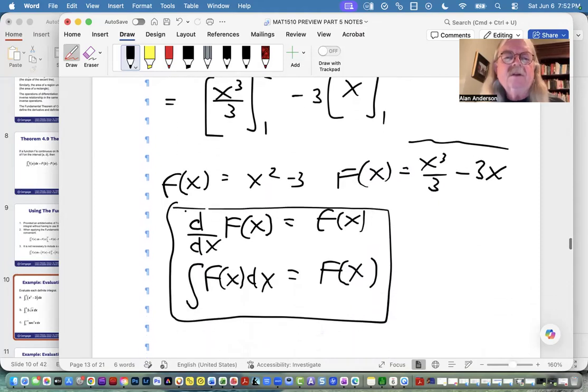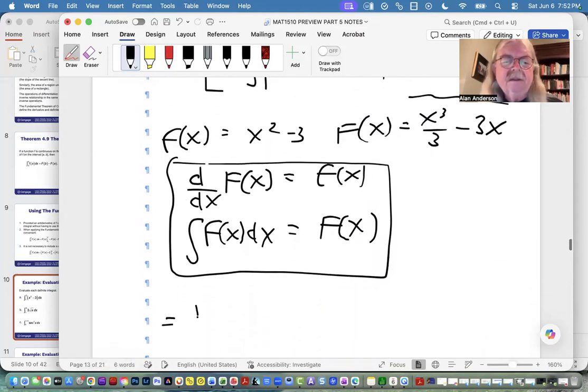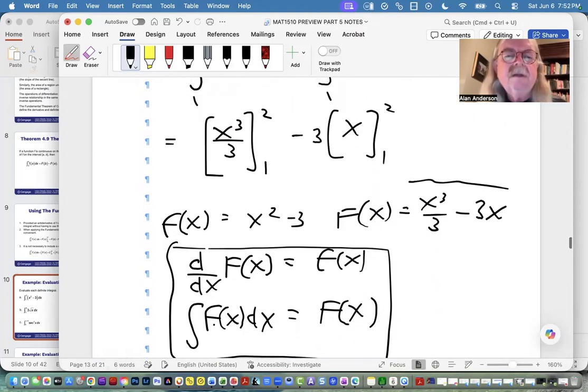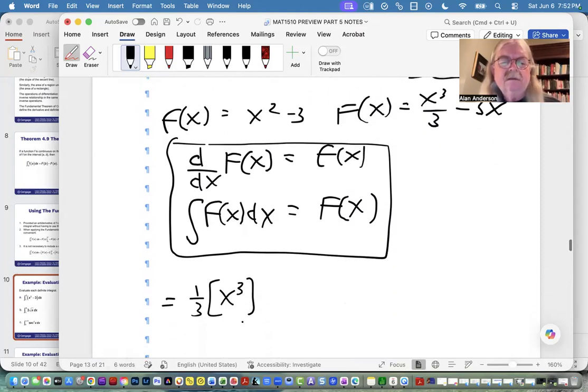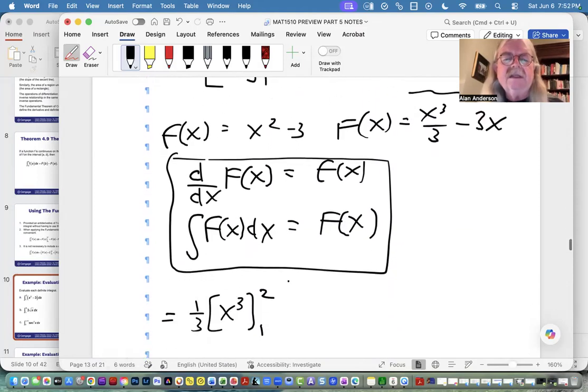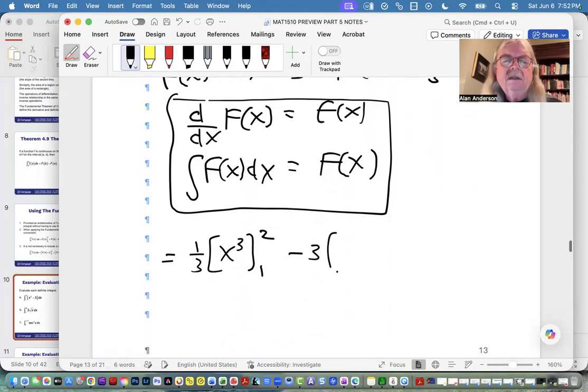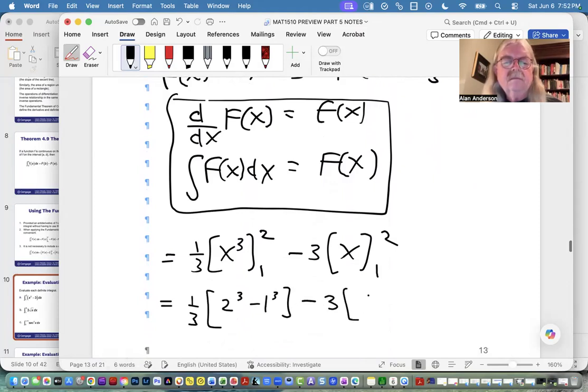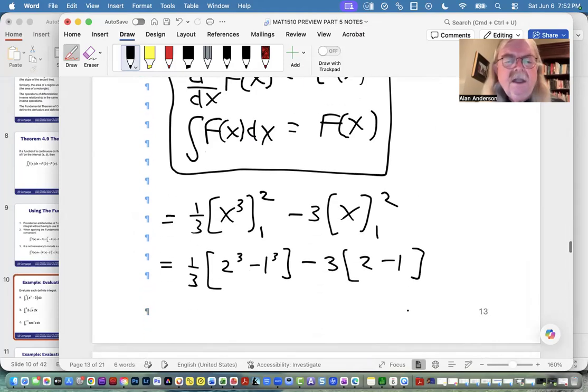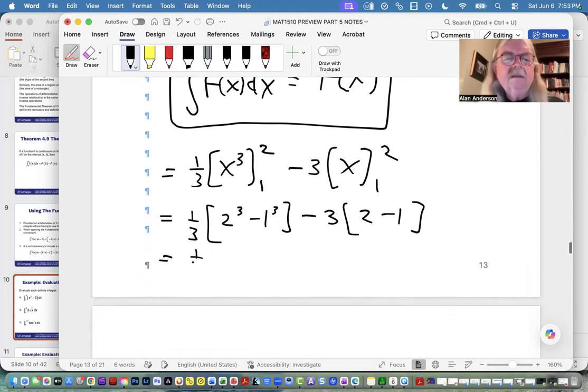We'll rewrite this a little more simply. We have, for example, here, x cubed from 1 to 2, and then we subtract 3x from 1 to 2, and then we have 8 minus 1.